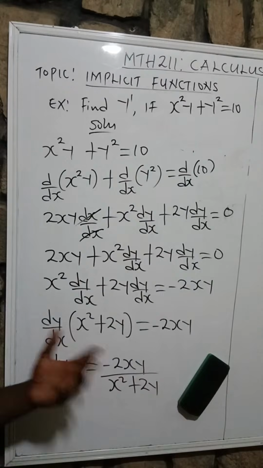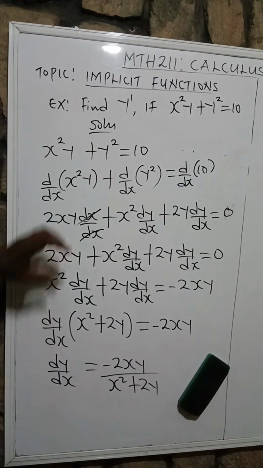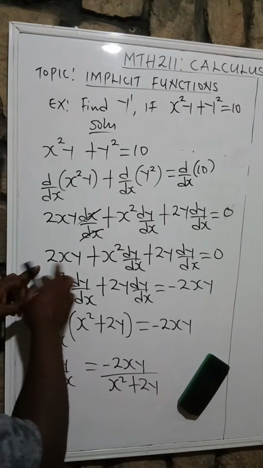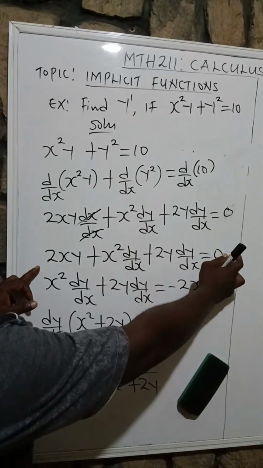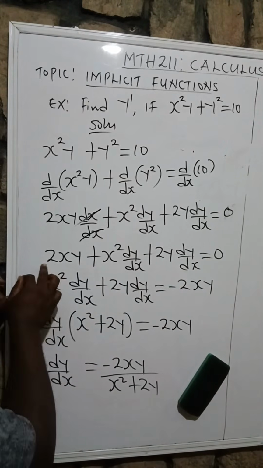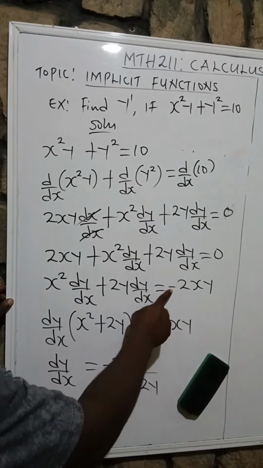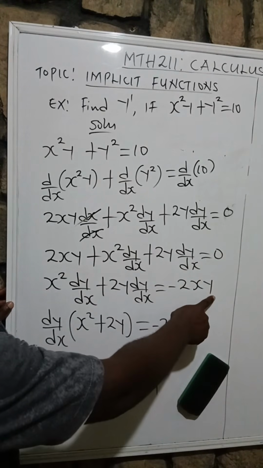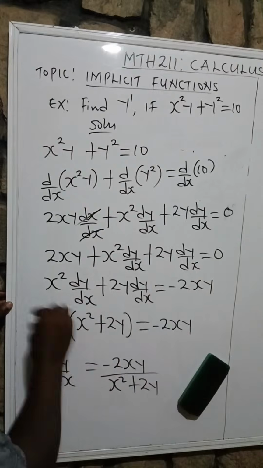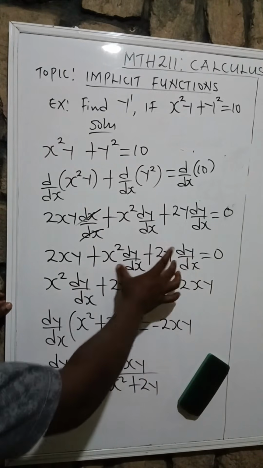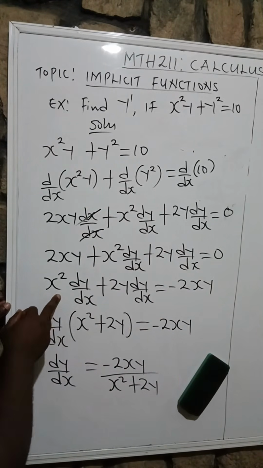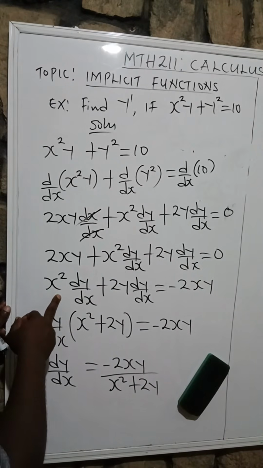So now what I did, listen, we take this 2xy to the right hand side. So it crosses the sign of equality and becomes minus 2xy. So you can now see that the remainder, this and this, is what you are seeing on the left hand side.